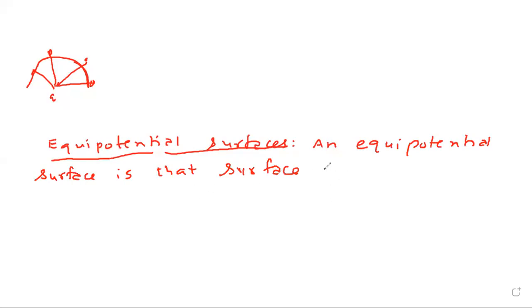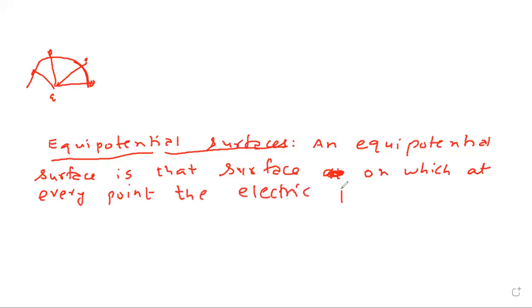It is that surface on which at every point the electric potential is the same.